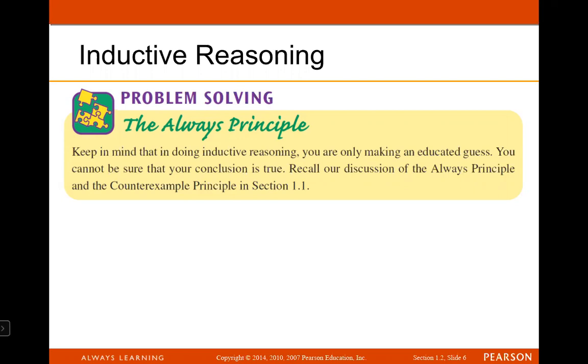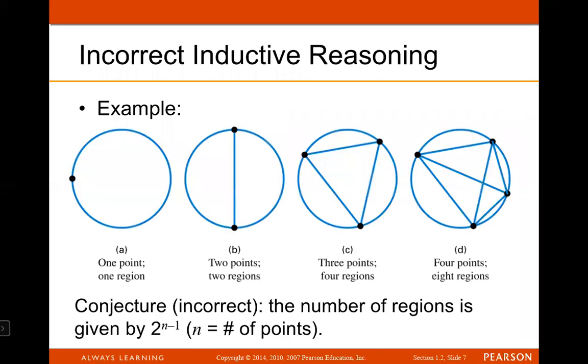If you can prove even one time that something we're claiming isn't true, then we can't say that it's always true. So it's possible to be incorrect when you're using inductive reasoning because you're making an educated guess, right?